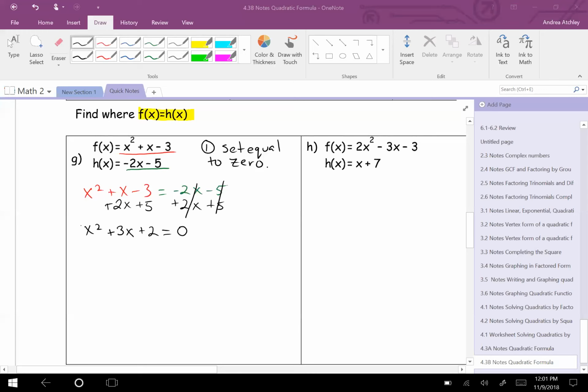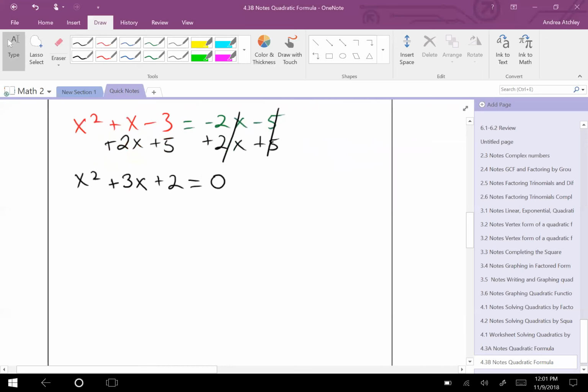Remember, you can only square root when it has just x squared or parentheses squared. So this one we can either factor it or use the quadratic formula. Would you guys like to factor or use the quadratic formula? Factor. Let's see if we can factor this.